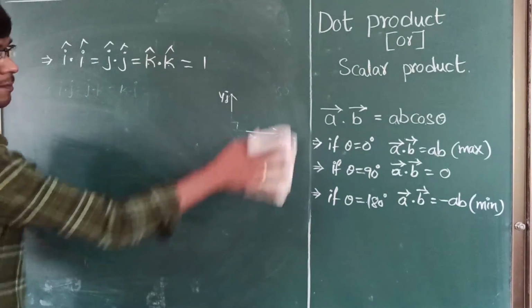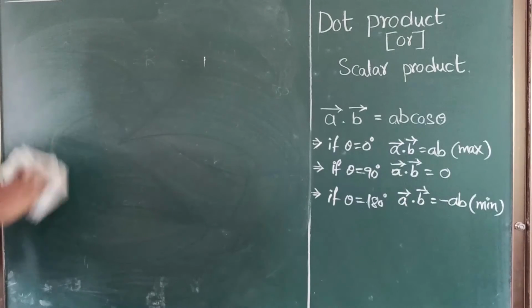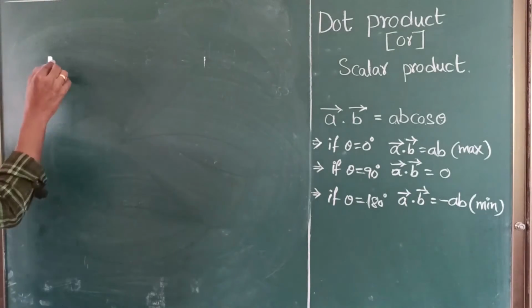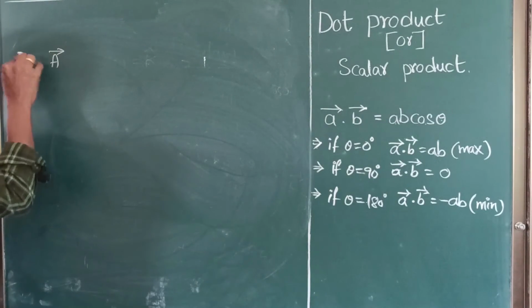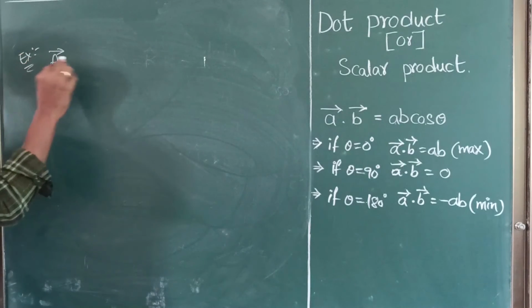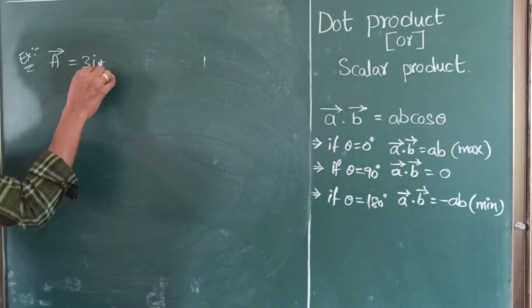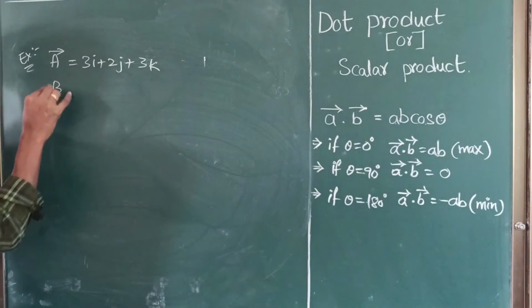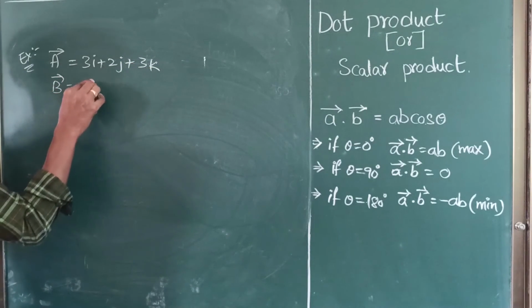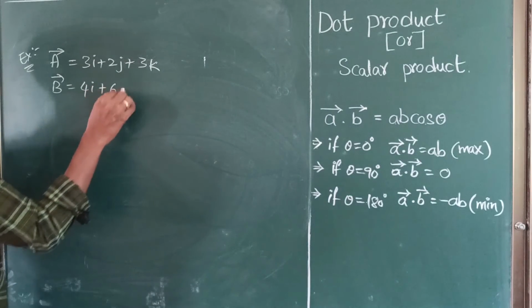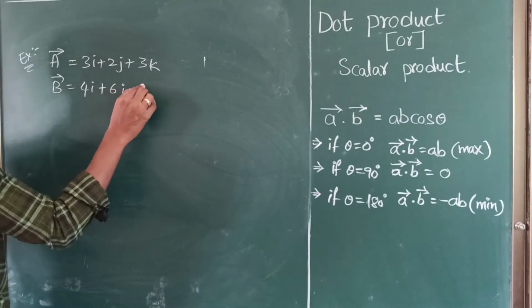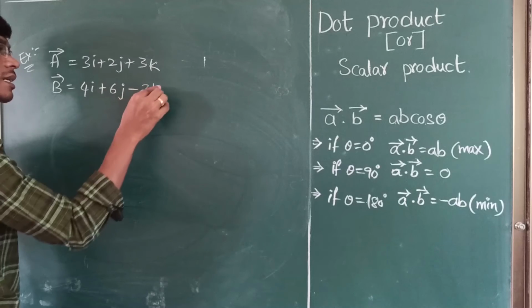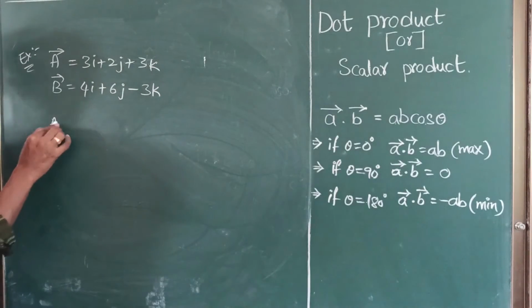And see the simple example. A bar is equal to 3i plus 2j plus 3k and B bar is equal to 4i plus 6j minus 3k. Then they will ask for the dot product.